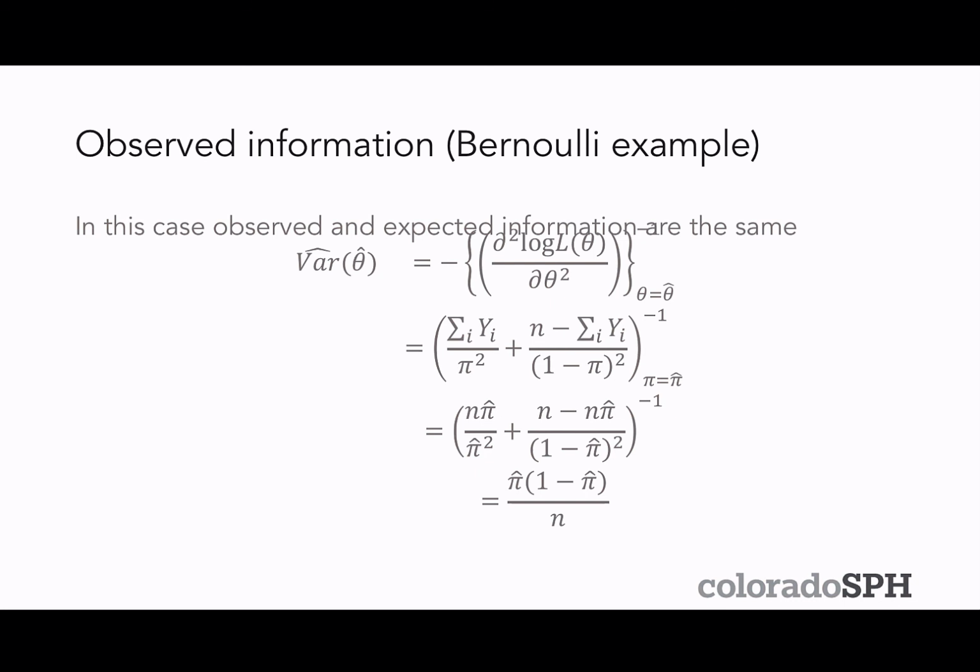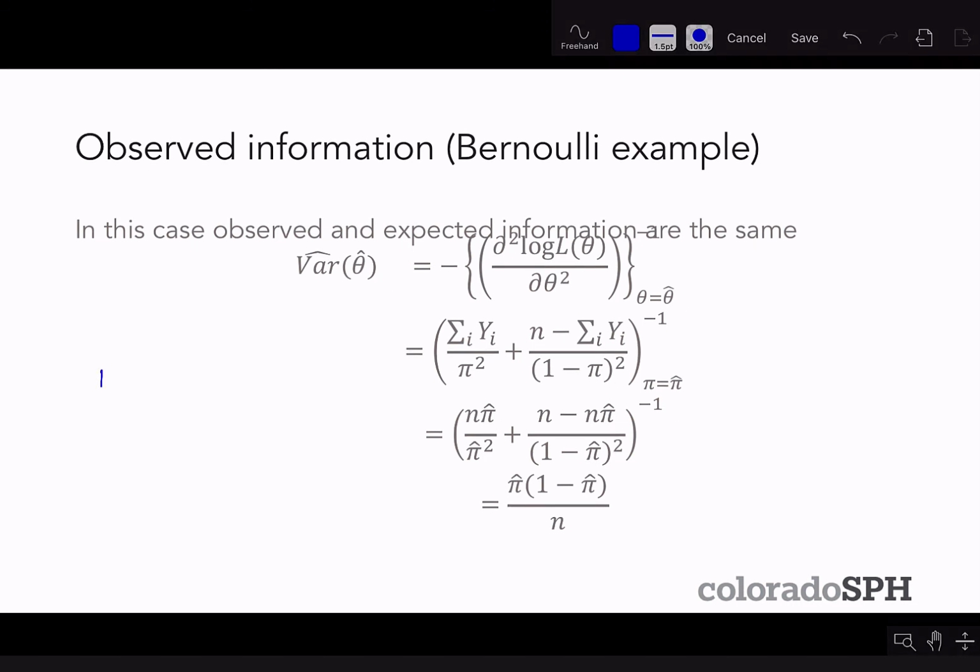So you plug in theta hat for this bottom pi here, but I've also plugged in theta hat for this sum of yi, because theta hat is equal to the sum of yi over n, so you can substitute n times pi hat equals the sum of yi.